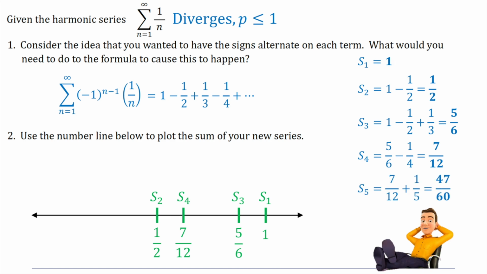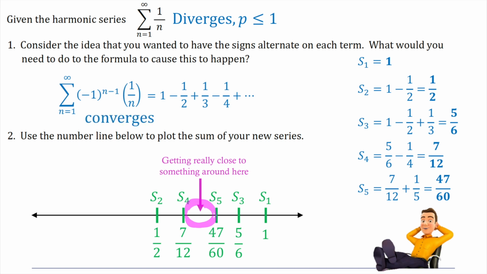The fifth partial sum is 47/60. Do you see what's happening here? It's getting really, really close to something around here. It's converging to something. So we would say that this alternating harmonic series converges.